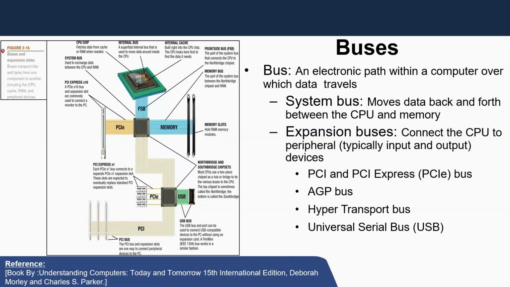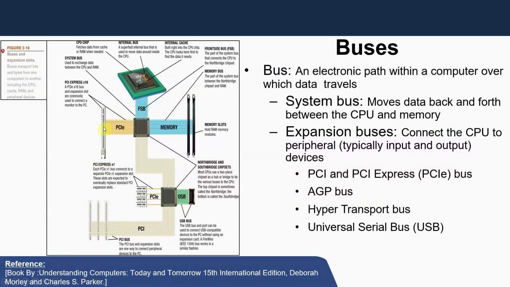Now this is the implementation of a bus, how a bus will connect to different types of peripherals or components of the computer. For example, we see that there is a processor. It is connected to the bus that is known as the FSB, or front side bus. Then we have some expansion slots in here.